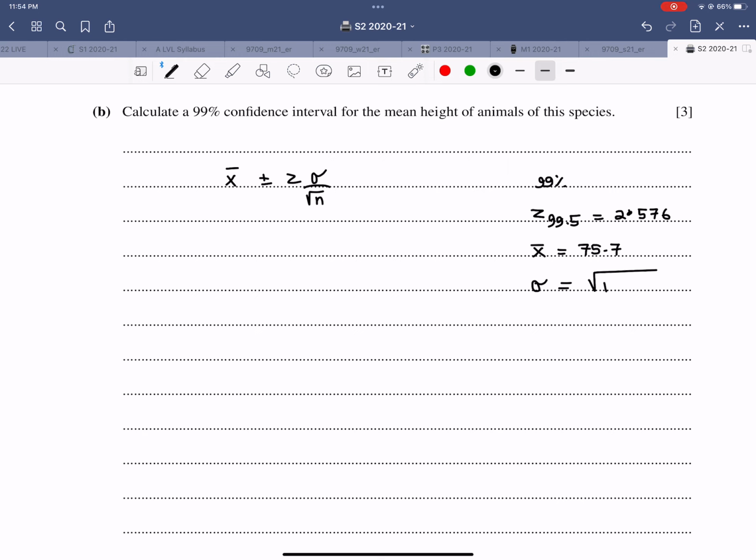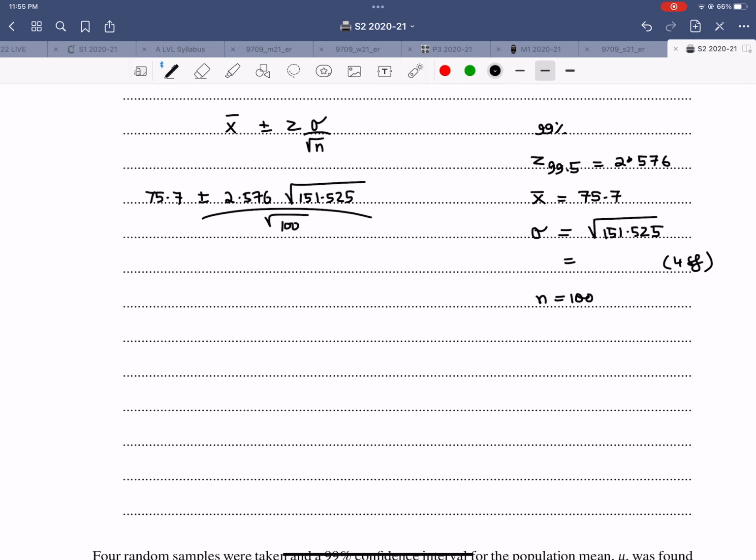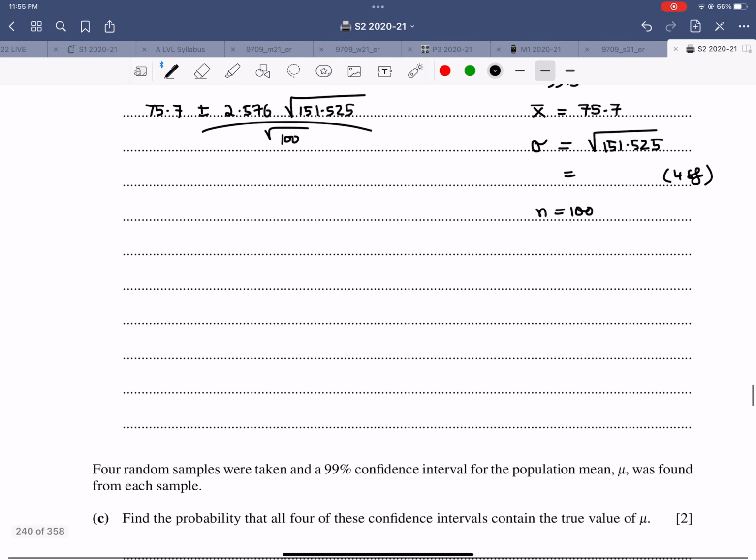Use the 4 SF value minimum. N is 100. So this is 75.7 plus minus 2.576 times the square root of 151.525 divided by square root of 100. And then the final answer is 72.5 and 78.9. That is the lower limit and the upper limit of this confidence interval.